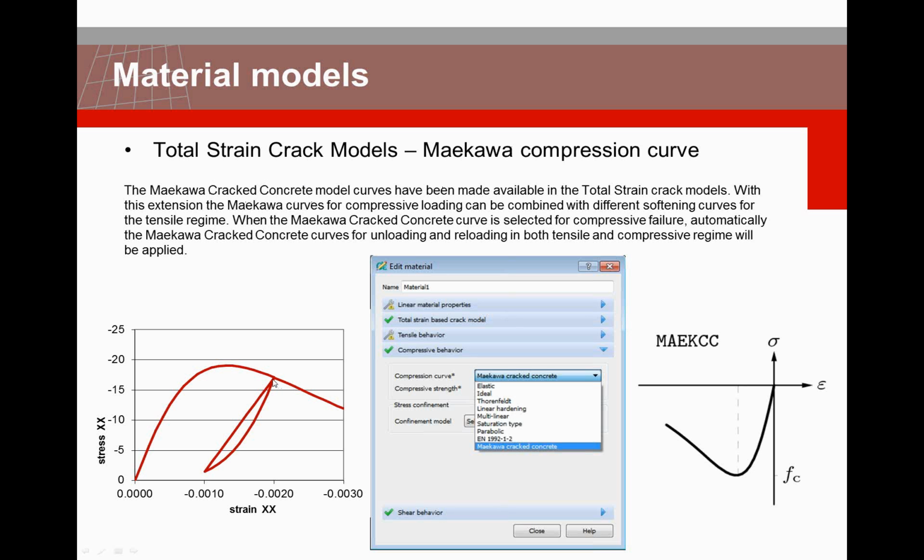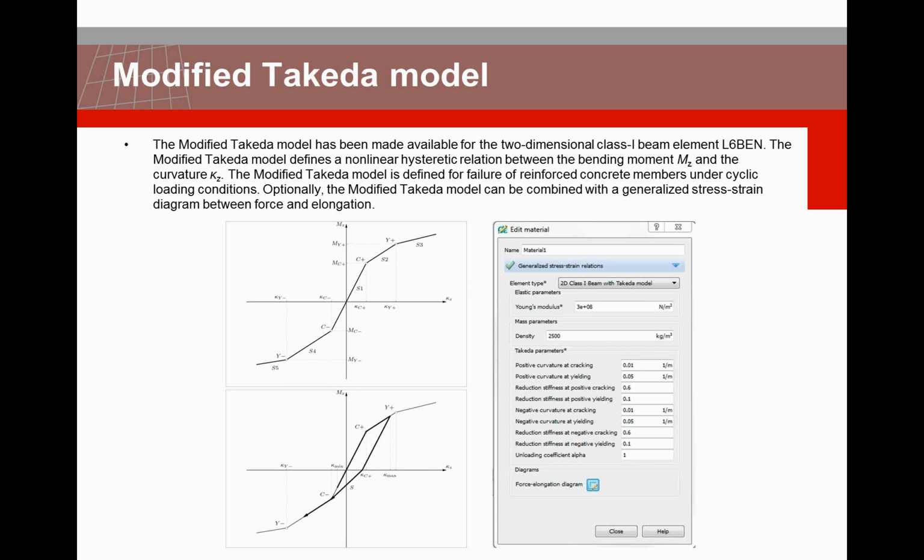Typical of this total strain compression curve is that it will be used in combination with nonlinear unloading reloading curves automatically. In the traditional total strain crack model we always have secant unloading and reloading, but when we define a total strain crack model combination with Maekawa compression curve, the Maekawa unloading reloading will be used automatically.